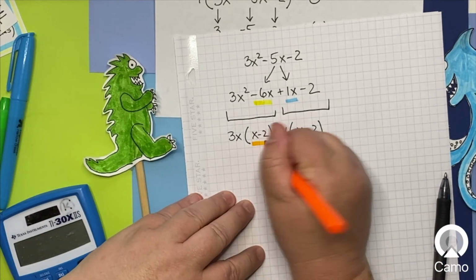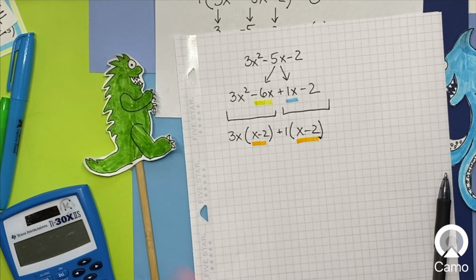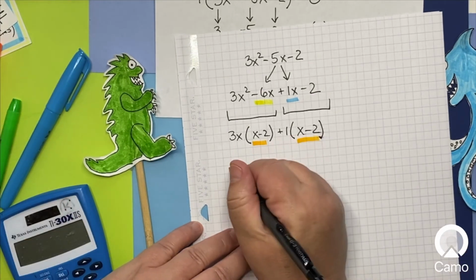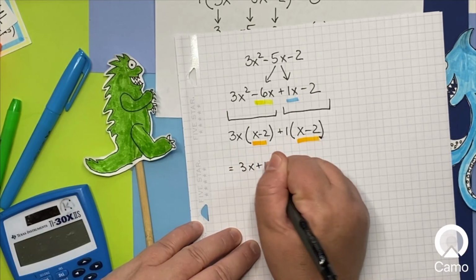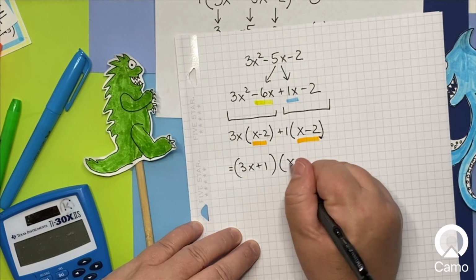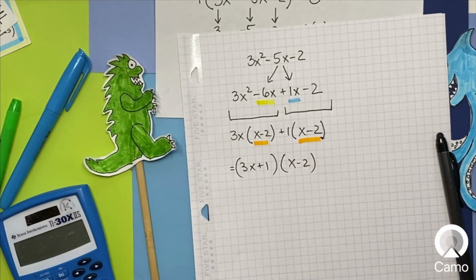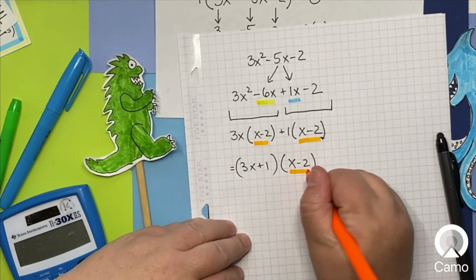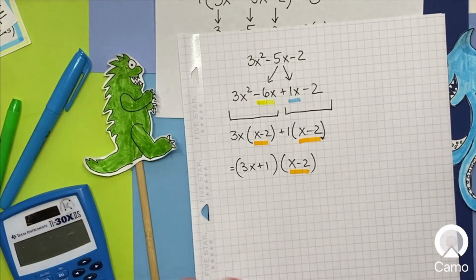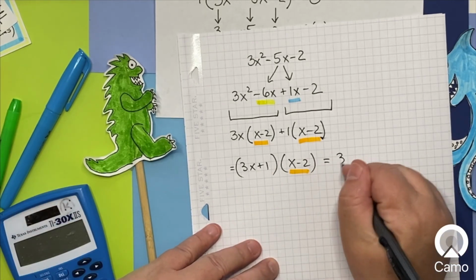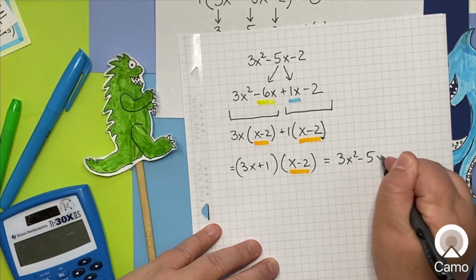Look at that. The x minus 2's match, even though one of them's a little smeary. So then I get 3x plus 1 times x minus 2. Woohoo! So remember, this is equal to 3x squared minus 5x minus 2.